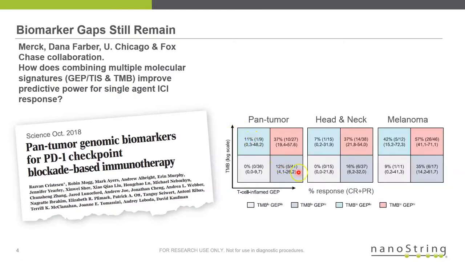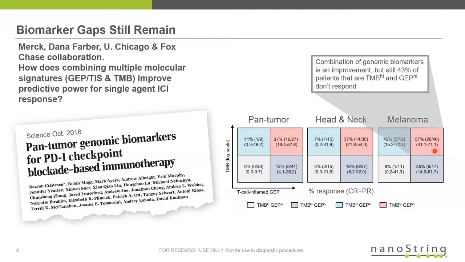On the x-axis is the tumor inflammation score, on the y-axis is the tumor mutation burden. If you look at melanoma specifically, 57% of the patients that have high mutation load and are inflamed, as measured by the tumor inflammation score, have good progression-free survival. That's great, it's an improvement. But there's still 43% of the patients for which they can't explain whether or not the patients are going to respond to the checkpoint therapy.